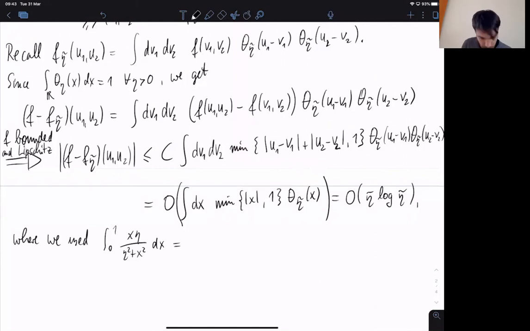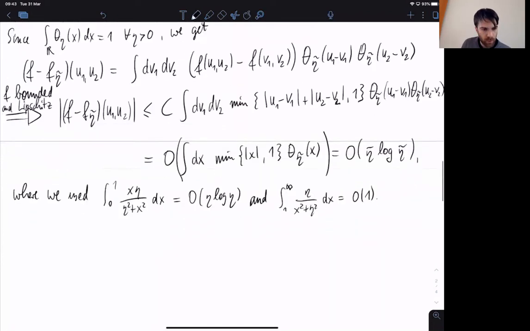This will be order eta log eta, and the remaining integral is just bounded. And the integral from 1 to infinity of eta x eta dx, this is order 1. And because of our choice of eta, this is the big term. The order 1 term we can forget. So this is really what we end up with.